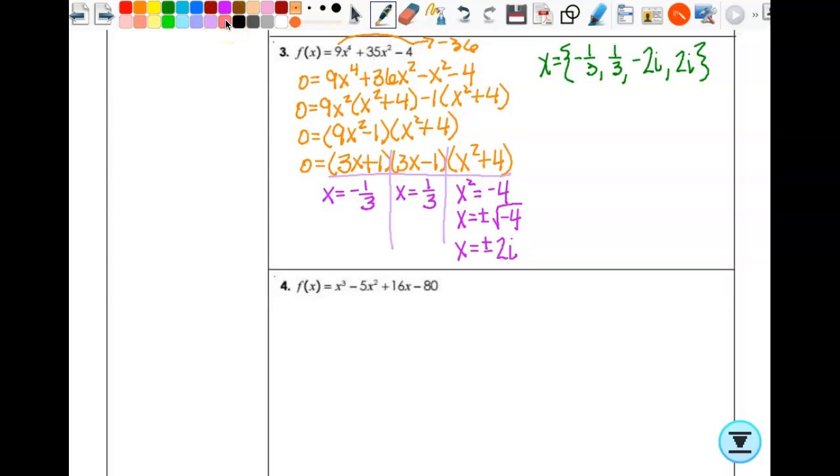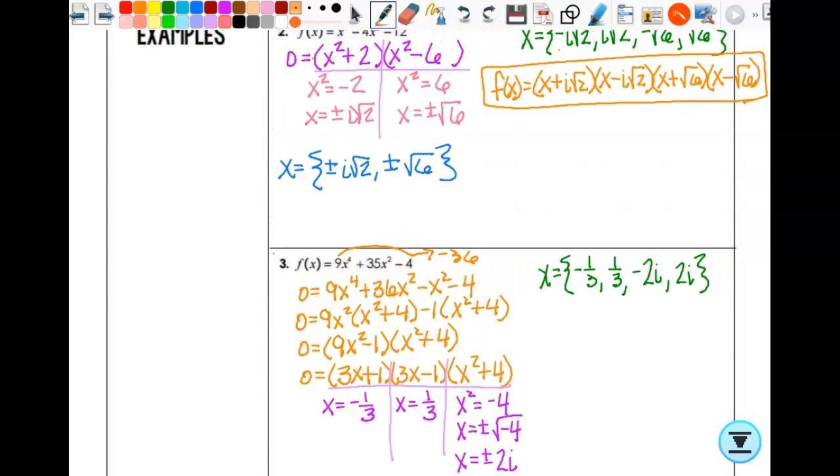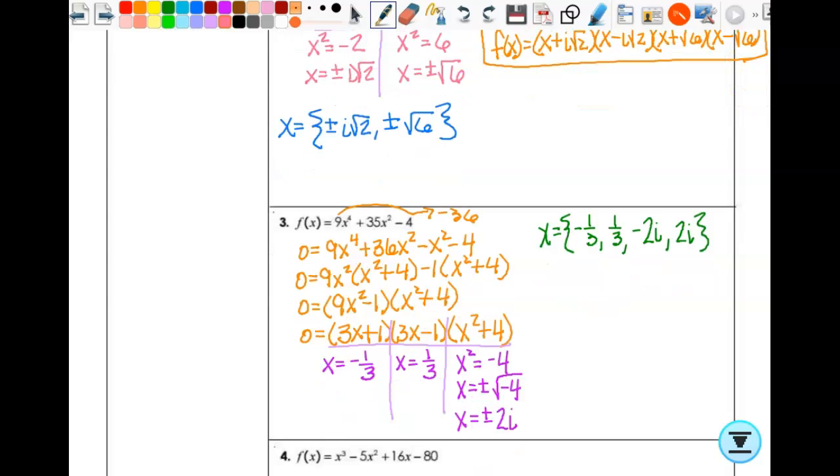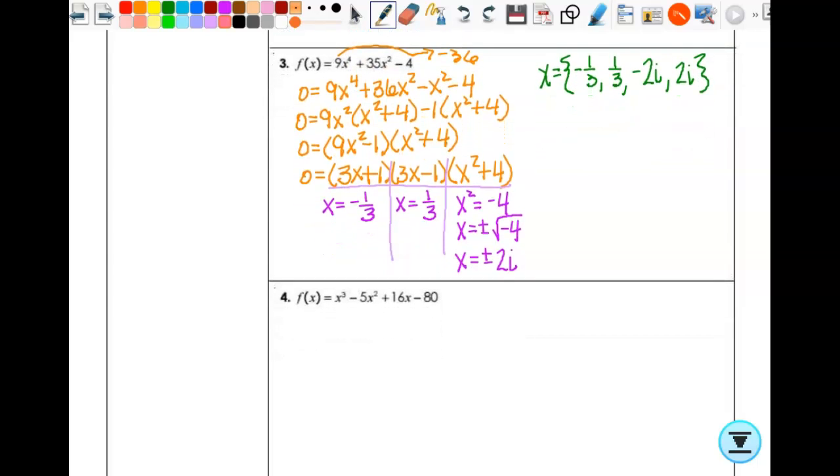When I go to write these, I don't get to just plop them all back in there like I did before, because although up here, I've used whole numbers, we've used square roots, we've used imaginary numbers, all that's fine. One thing that's not fine to have as your c is a fraction. So when I have f of x equals, it's not going to be x plus 1/3. Doesn't work that way.